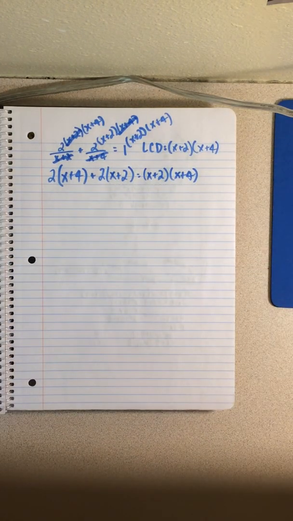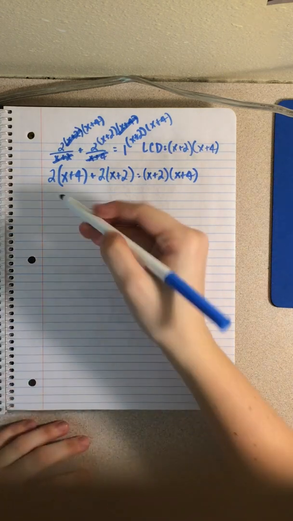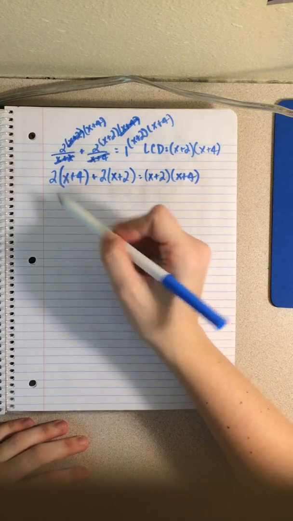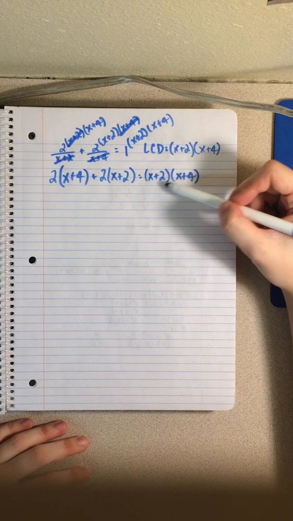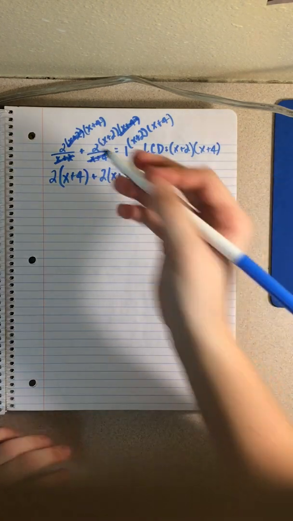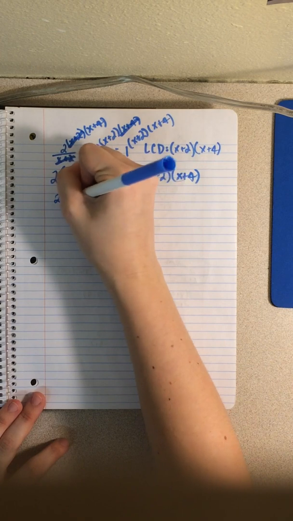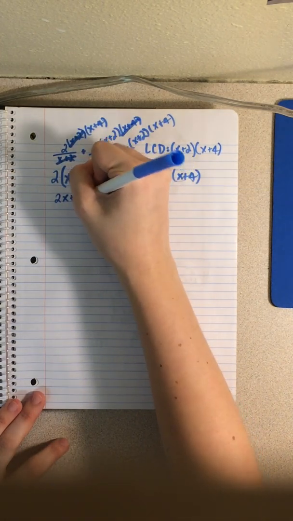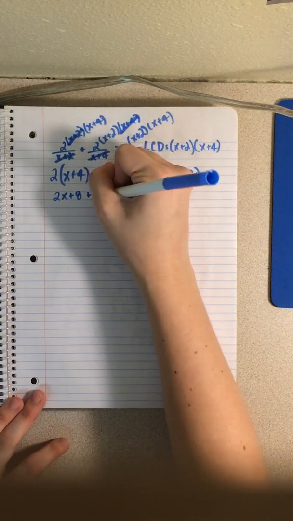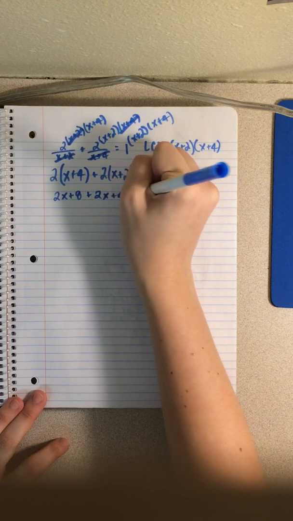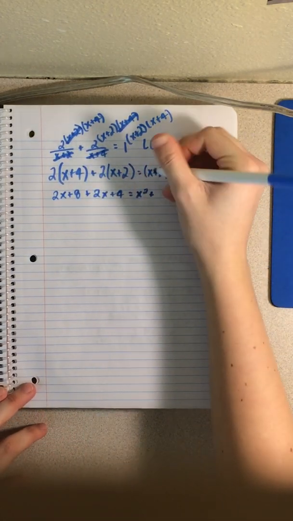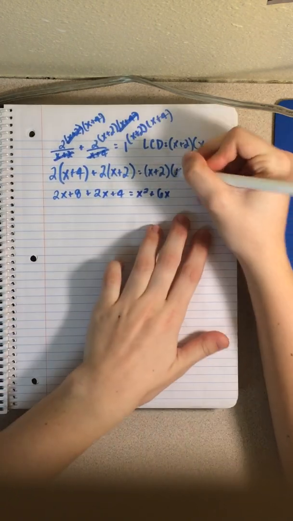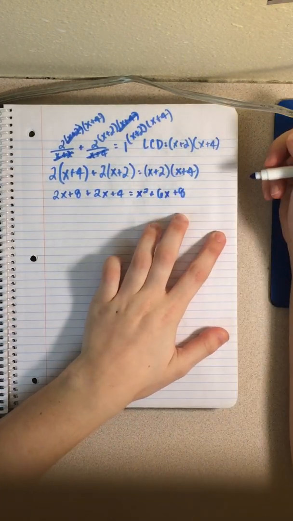So your next step after that is to distribute in your factors and FOIL this right here. So you got 2x plus 8 plus 2x plus 4 equals x squared plus 6x plus 8.